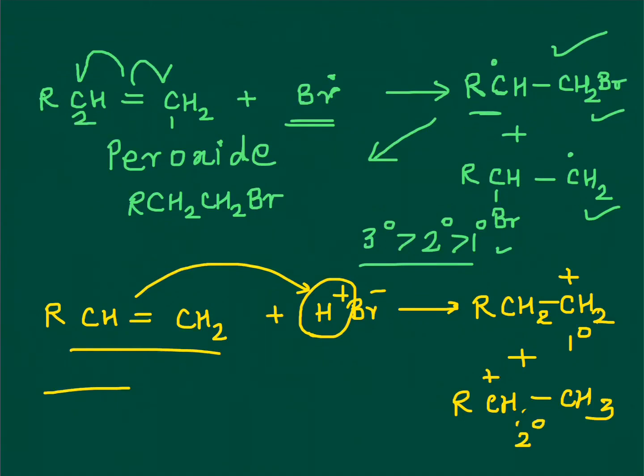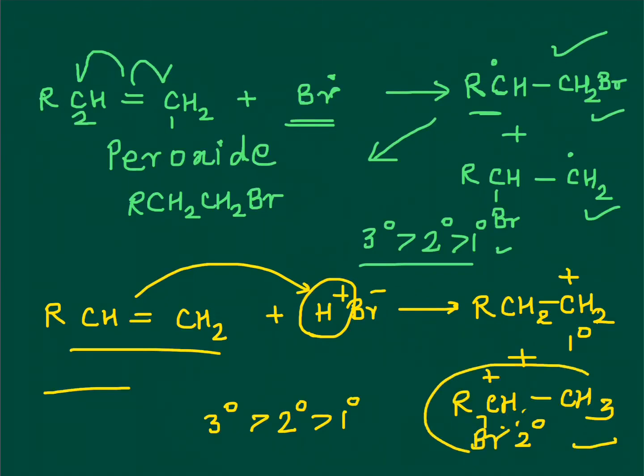Which one is more stable? Yes, again the stability order of carbocations is also the same, 3 degree, 2 degree, 1 degree. So we will have the 2 degree more stable. But what has got to be attached now? Very good, it is Br.